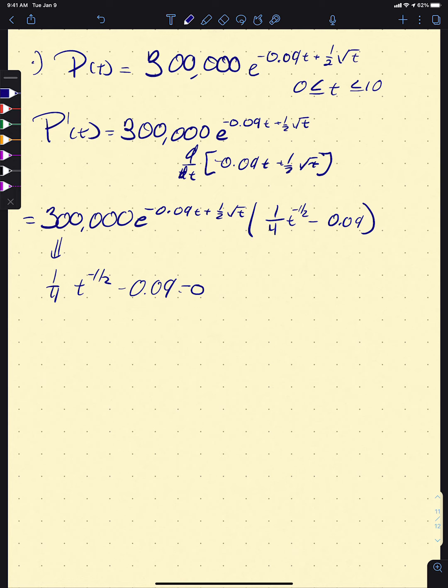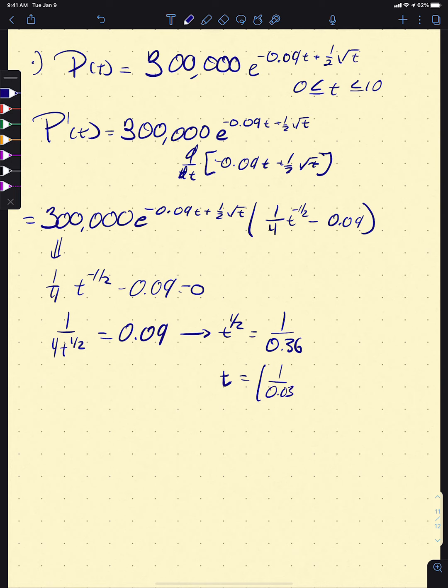We can write this a couple of different ways. We can go 1 over 4t to the 1/2, which might be an easier way, equals 0.09. But that means that t to the 1/2 is equal to 1 over 0.09 times 4, or 0.36. And then t is equal to the square of that.